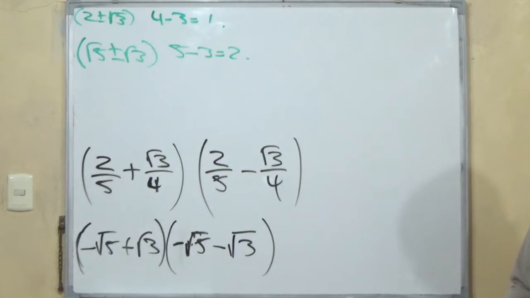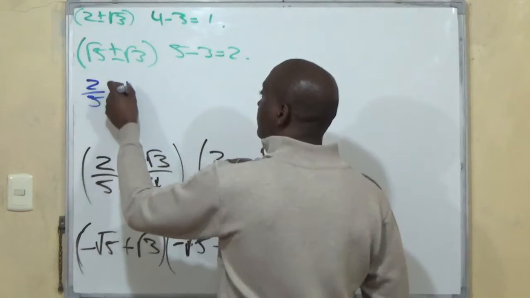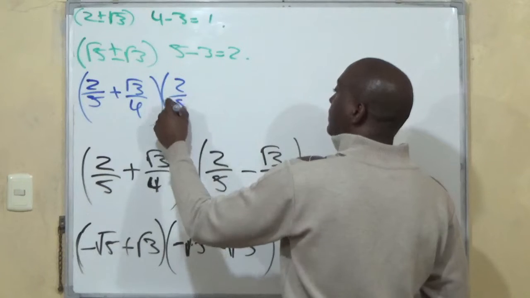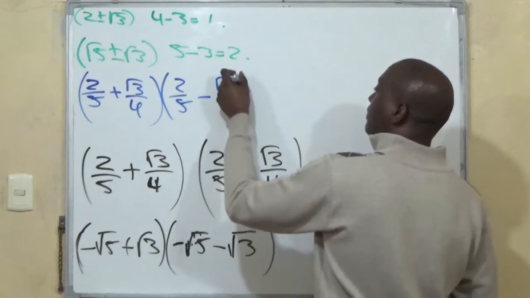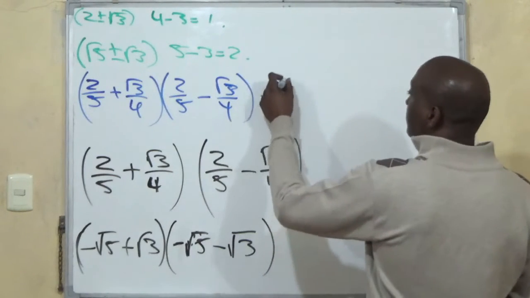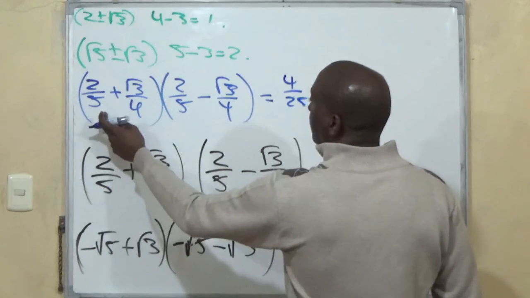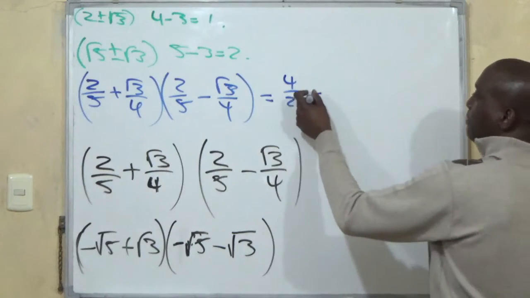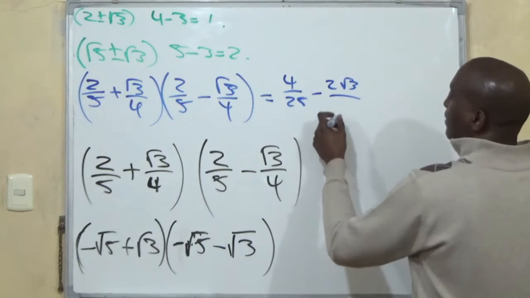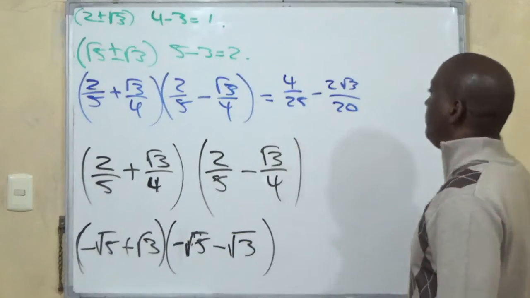So you have 2 over 5 plus root 3 over 4, multiplied by 2 over 5 minus root 3 over 4. Well, let me multiply now. 2 over 5 by 2 over 5 is what? 4 over 25. 2 over 5 by minus root 3 over 4 will be minus 2 root 3 over 20.